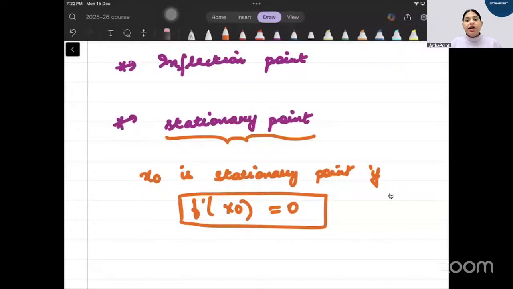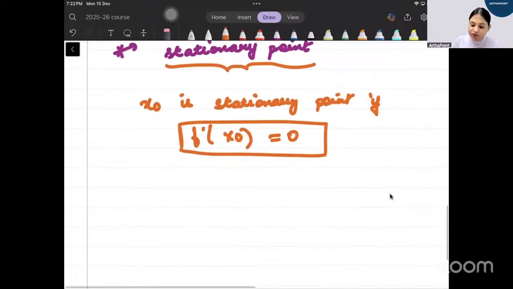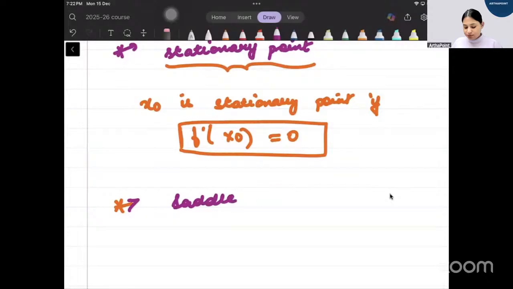ठीक है? Now there is something which is known as an inflection point. Inflection point usually, और ये आपको दिखता है when we talk about cost functions, right? जब हम total cost function के बारे में बात करते हैं, that is where we look at an inflection point. अच्छा, एक और चीज है, before I move, we can just write here saddle point, right? अब हम बात करते हैं inflection point की.